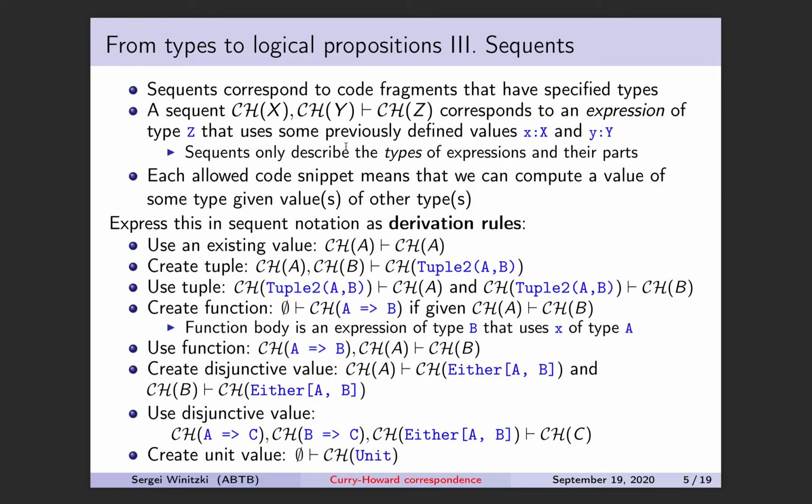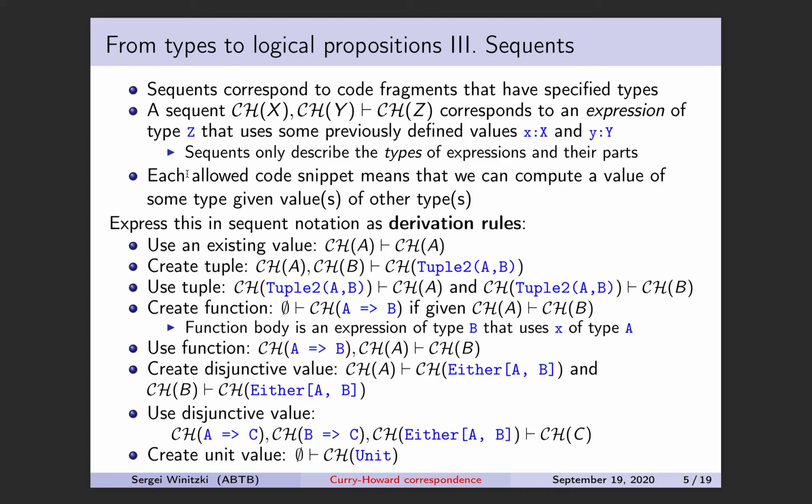So because the sequents describe only types, it's easier to reason about them than to reason about code itself. And you get a little less out of it. You only get one implementation, or at least the information that you have an implementation, if you prove the sequent. But the proof itself is, as we saw, some code snippets. So you could try to find different code snippets for the same sequent.